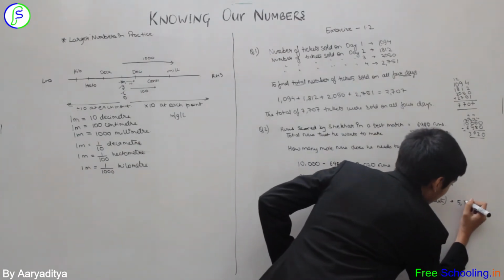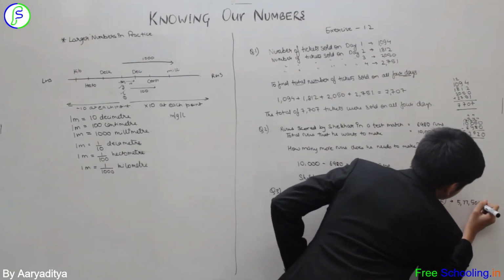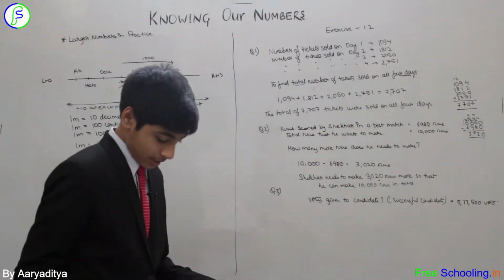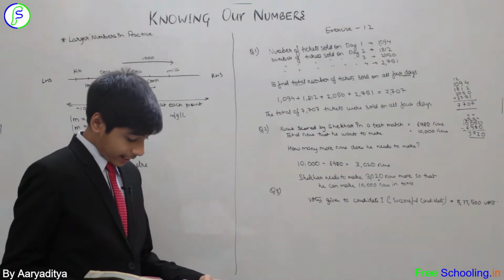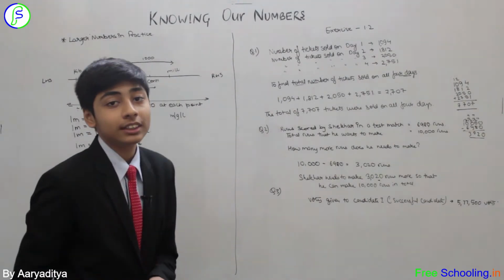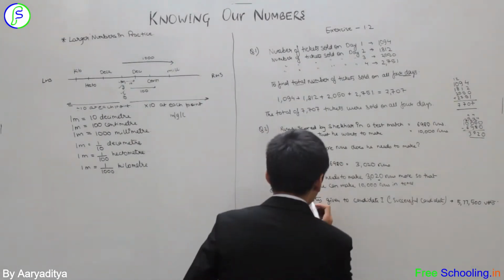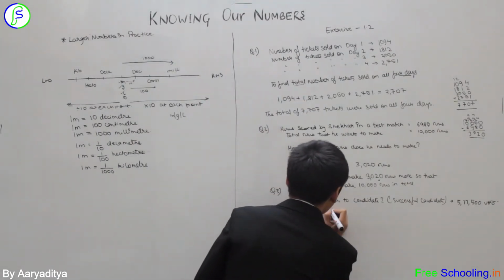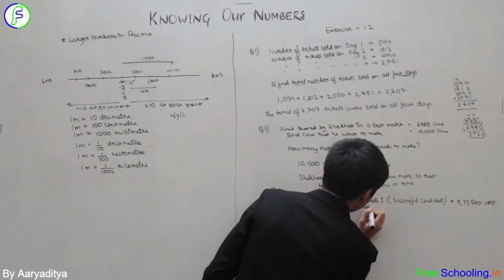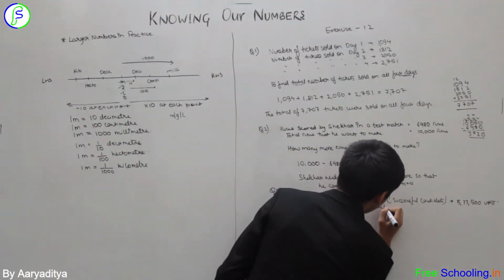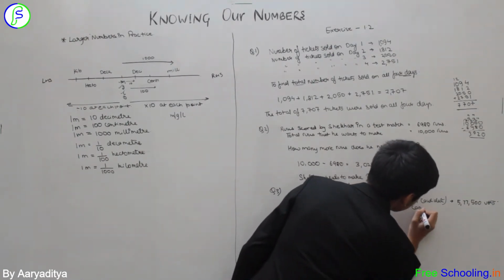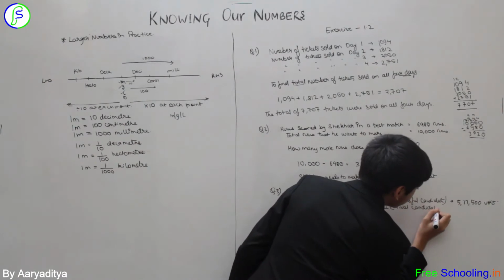577,500 votes. Similarly, there was another candidate and he scored 348,700 votes. Okay, so votes given to candidate 2 or rival candidate.